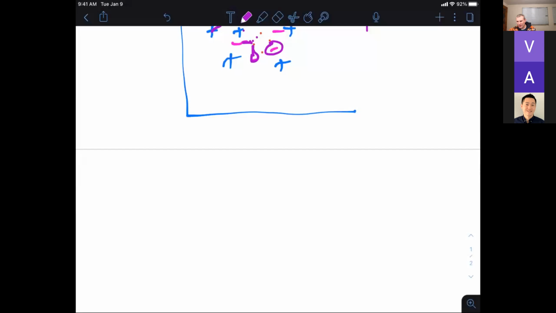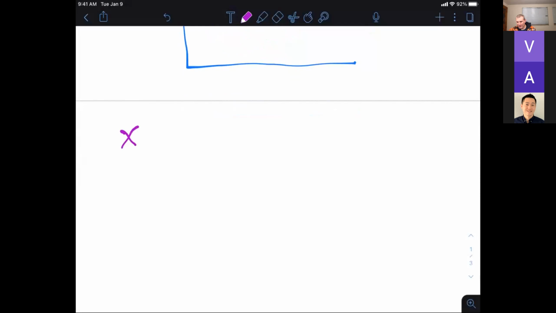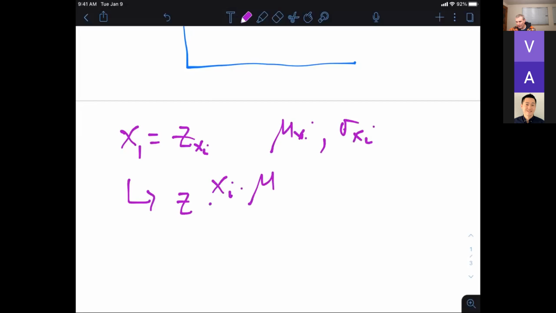So standardization is nothing more than calculating the z-score. For every x, you're going to calculate a z of x sub i, which means you calculate the mean of x and the standard deviation of x, and each of these x sub i's becomes x sub i minus mu over sigma.